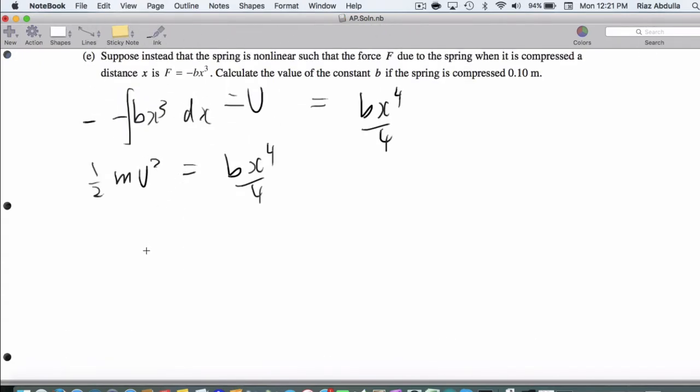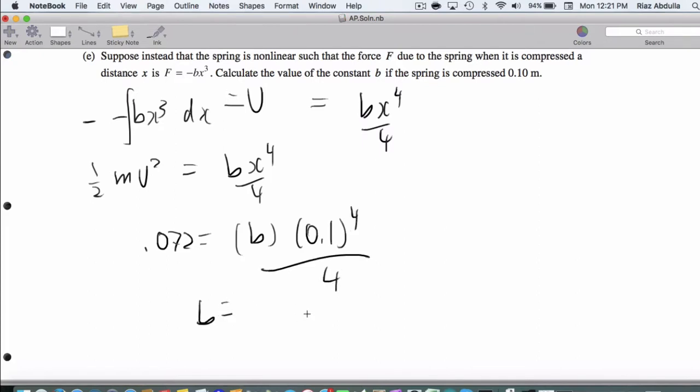So we have 0.072 equals b times 0.1 to the 4th divided by 4. When we isolate b, we should be getting something around like 2,880. Whatever the units on this are, joules over meters to the 4th. Yeah.